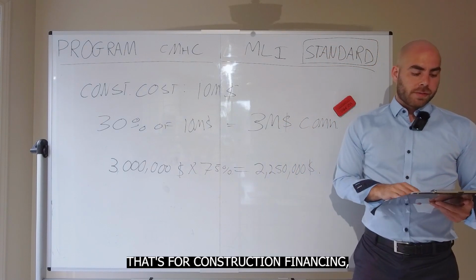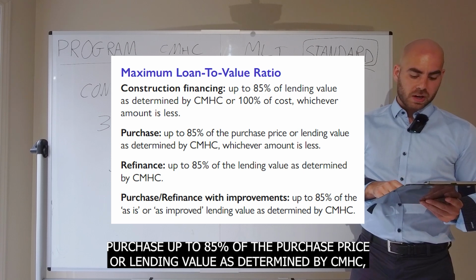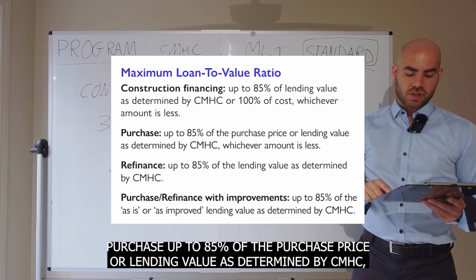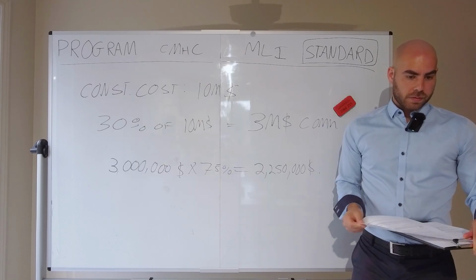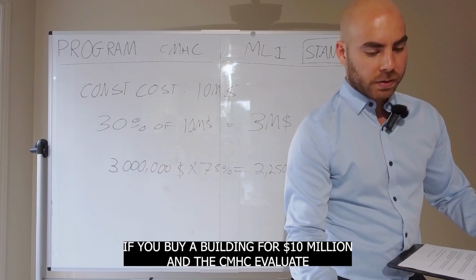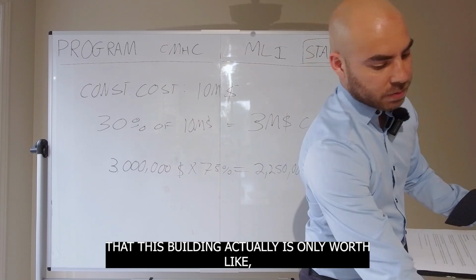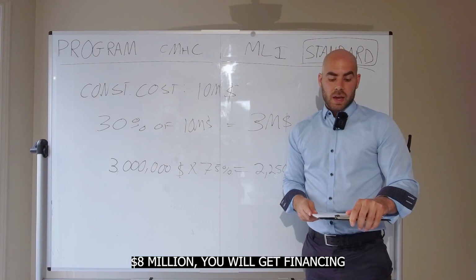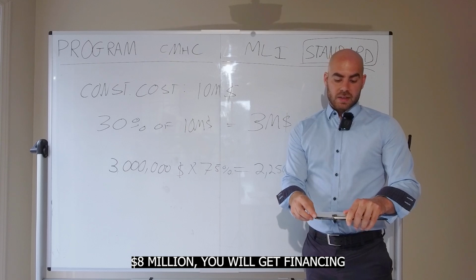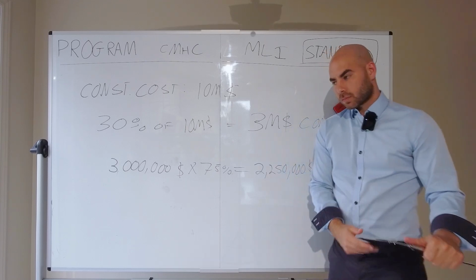That's for construction financing. Purchase, up to 85% of the purchase price or lending value as determined by CMHC, whichever amount is less. So it kind of speaks for itself. If you buy a building for $10 million and the CMHC evaluates that this building is actually only worth like $8 million, you will get financing on the $8 million value figure instead of the 10.